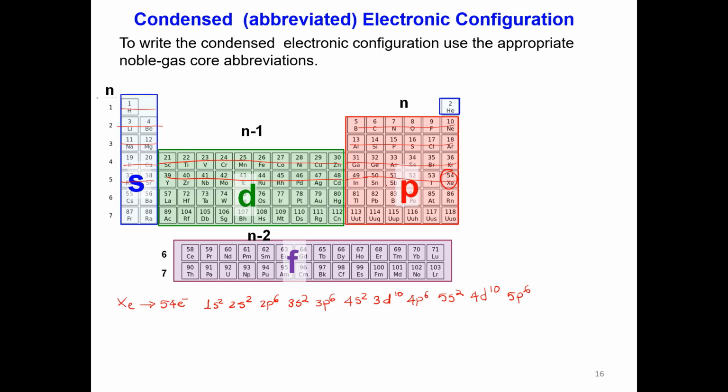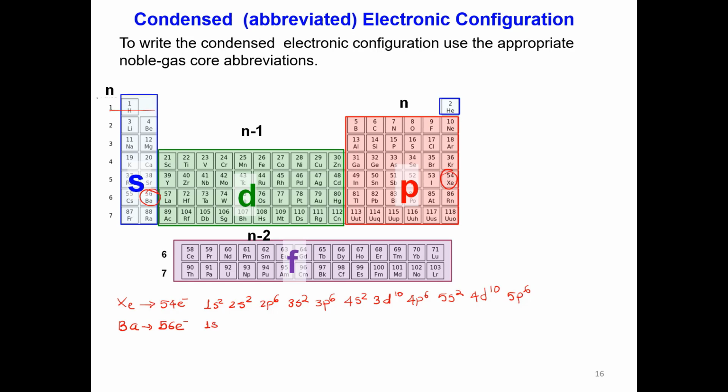Then let's write now the electronic configuration in case of barium. In case of barium, we had 56 electrons. Is right here. And let's now write for barium. And we will follow the same procedure.